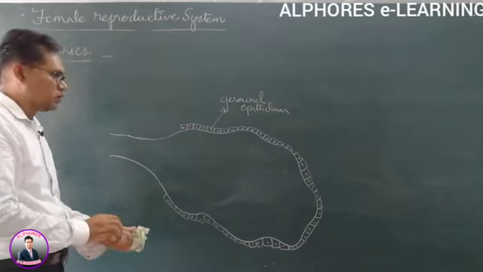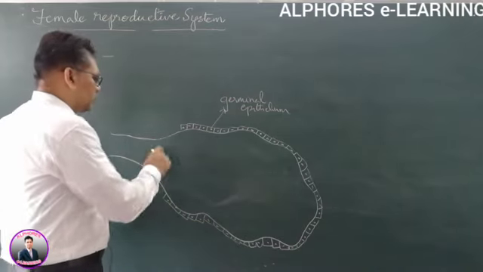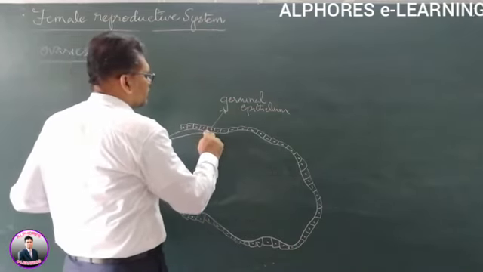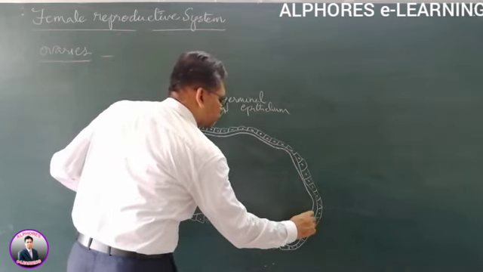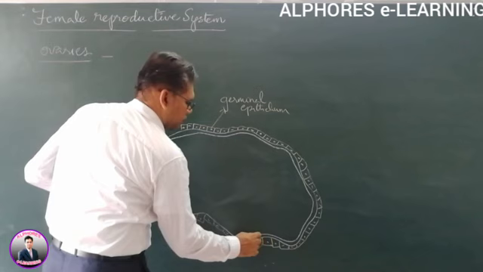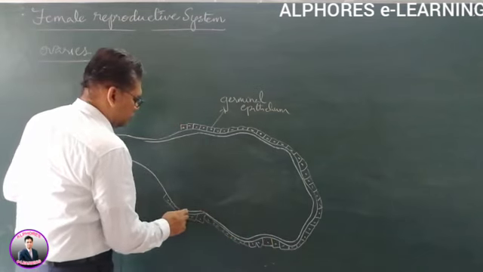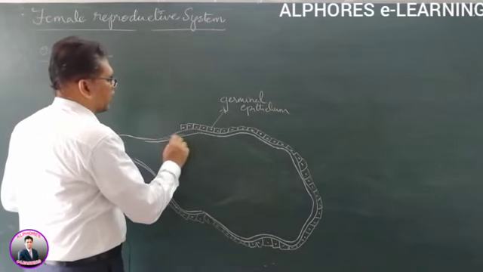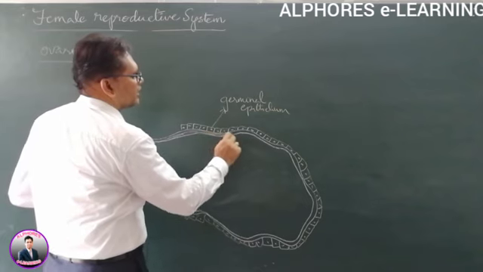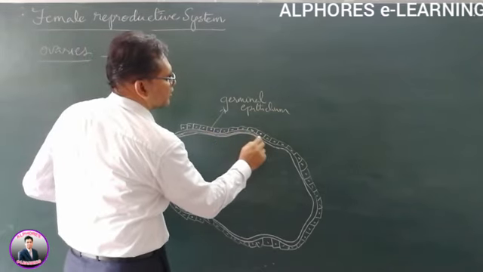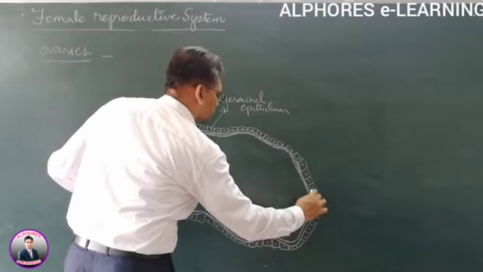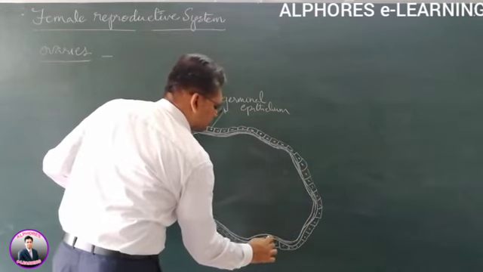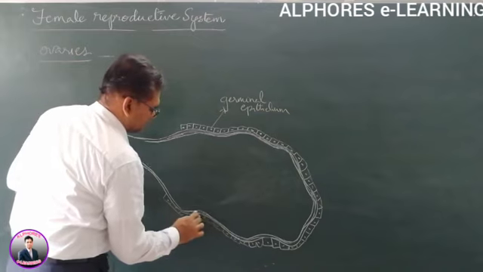Now just below the germinal epithelium, there is a white fibrous connective tissue. This is called tunica albuginea. It means tunica albuginea is present inside to the germinal epithelium, that is, below the germinal epithelium.